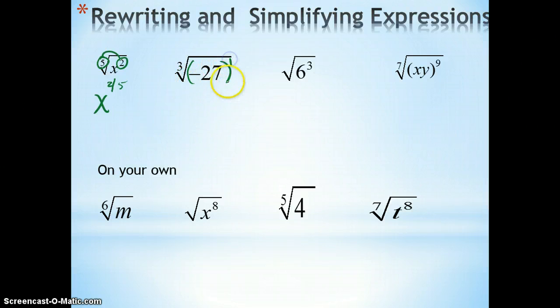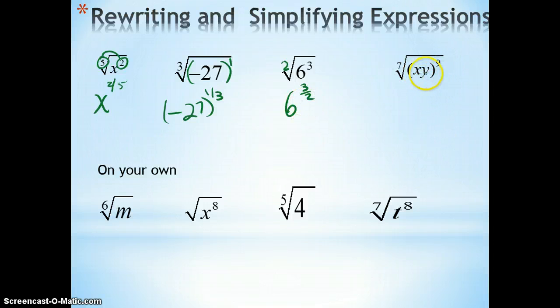Negative 27 is raised to the first power, so we would say this is negative 27 to the 1/3. The next example, if it's a square root, it has this 2 that is understood outside, so we have 6 to the 3/2. Notice this exponent that is a fraction can be an improper fraction. That is totally okay. It can be a regular fraction, 2/5, or it can be 3/2.